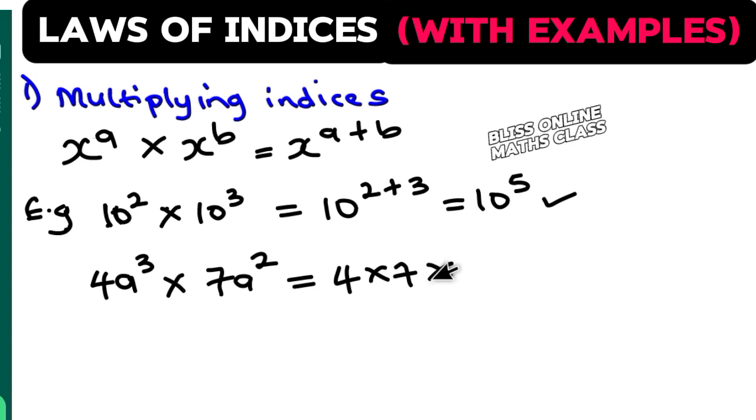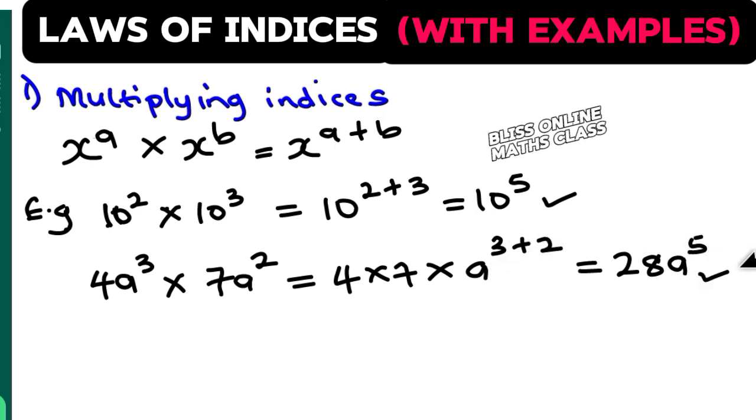Then we bring our a raised to power 3 times 2, remember, 3 times 2 is 3 plus 2. So this is equal to 4 times 7, which gives us 28, and a raised to power 3 plus 2 gives us a raised to power 5. And that's our answer. I hope you're following. So in this law, whenever you see multiplying indices, all you have to do is to add the powers.